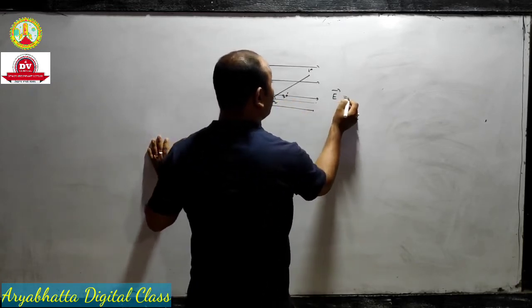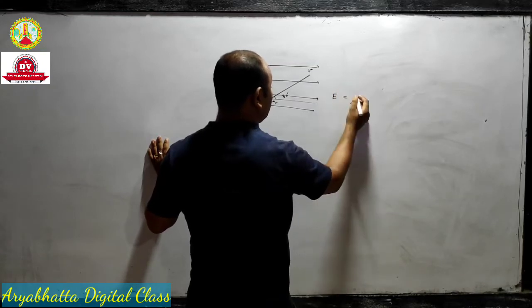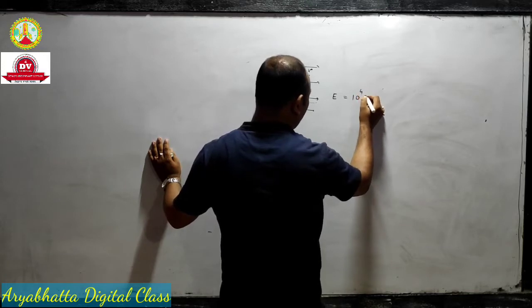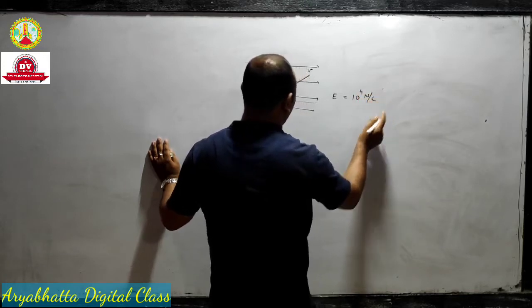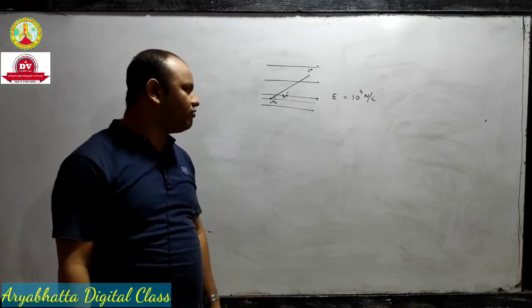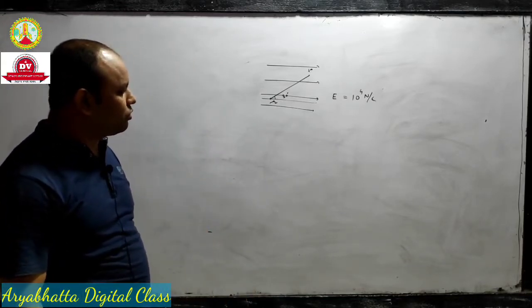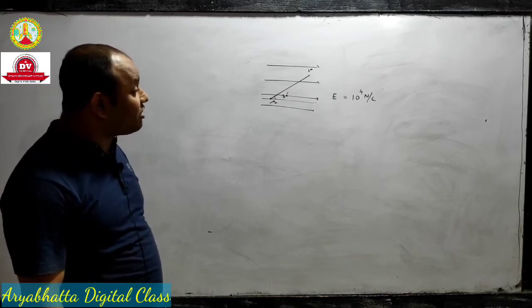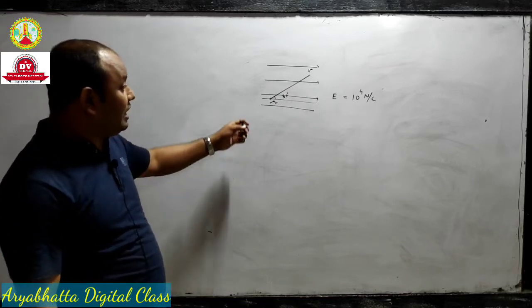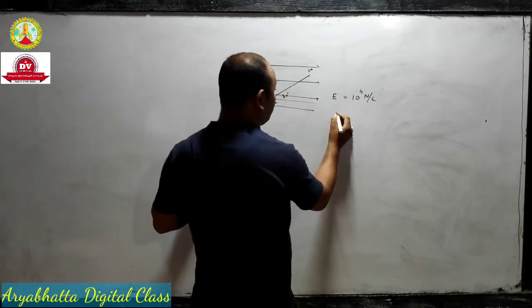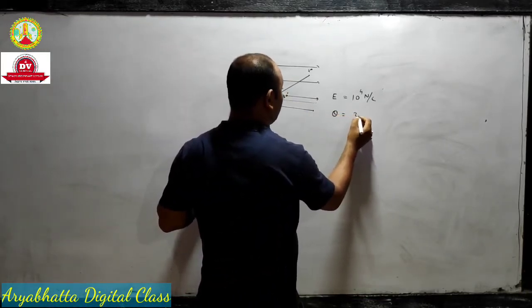The magnitude of the electric field is 10 to the power 4 Newton per Coulomb. So on that electric field, the electric dipole is held at an angle of 30 degrees.